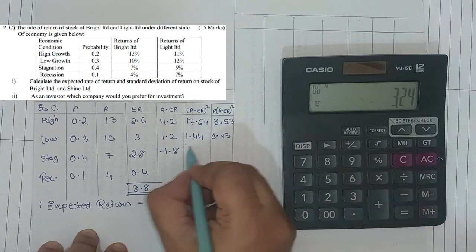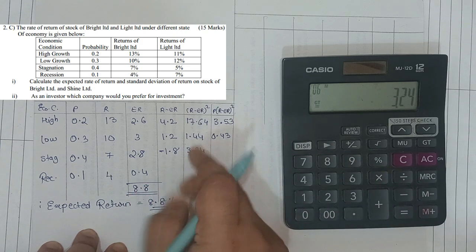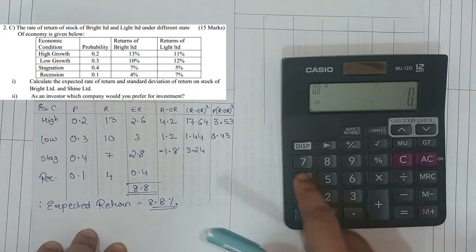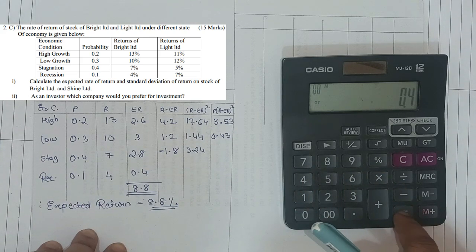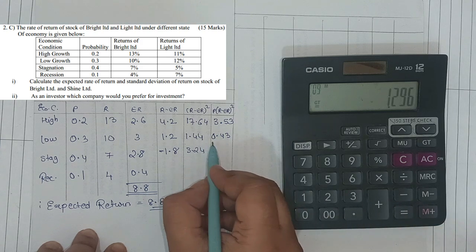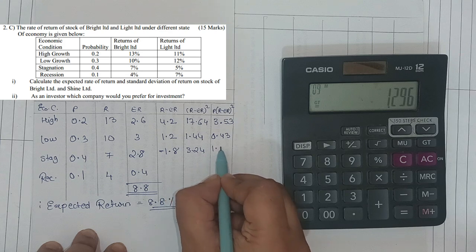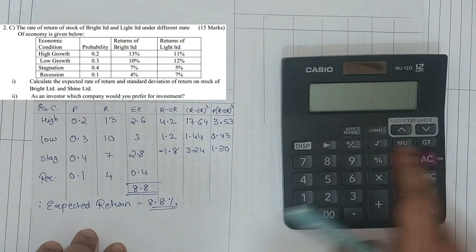The square of that is 3.24 into the probability 0.4, which comes to 1.296 or 1.30 when we round up.